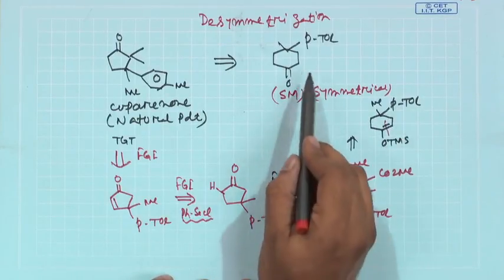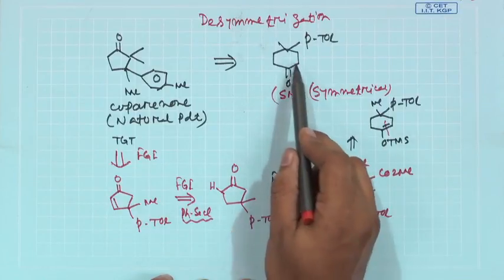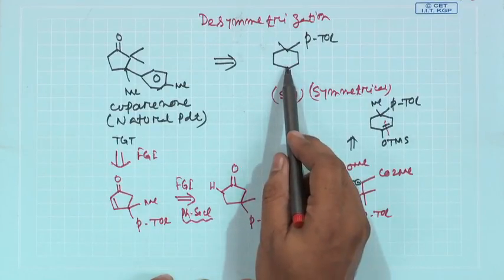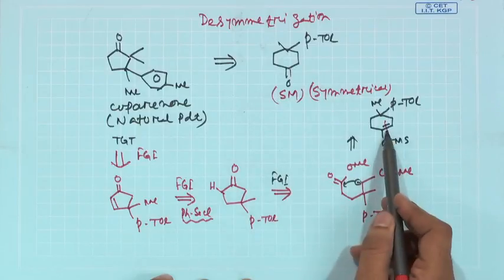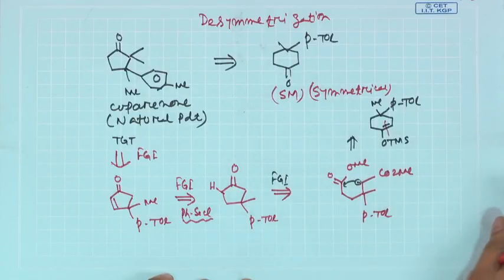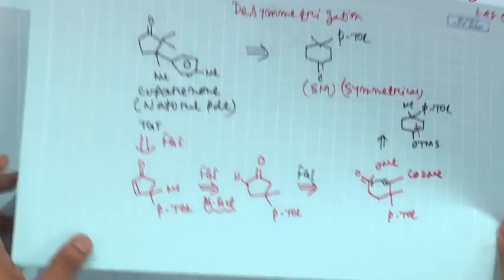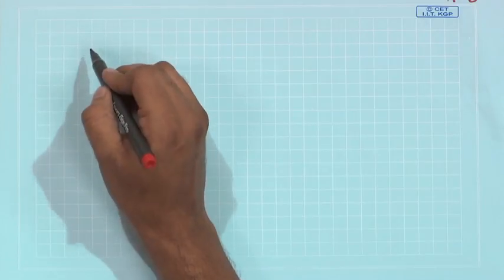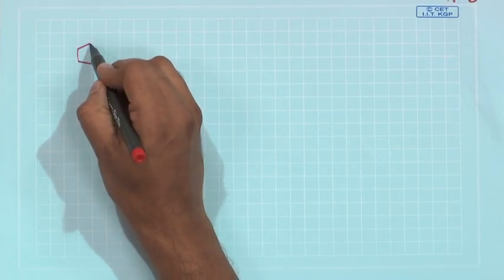Now, from the initial starting material, which is symmetrical, to this is a simple desymmetrization reaction. Now, what we will try to do is the forward pathway and see how the synthesis can easily be carried out.